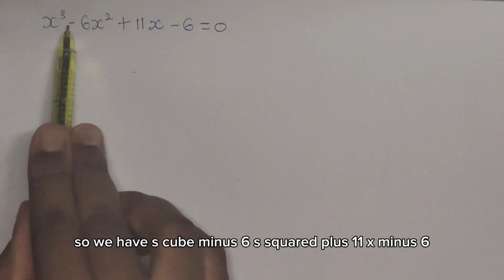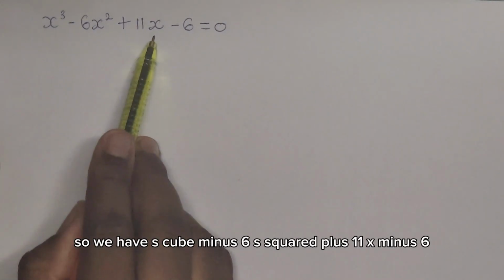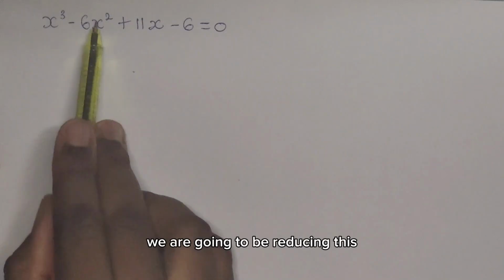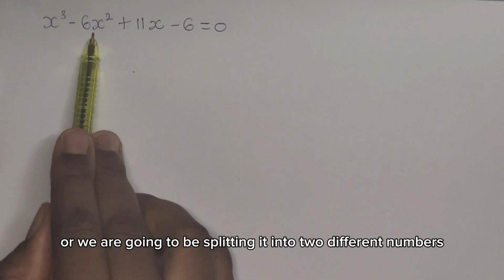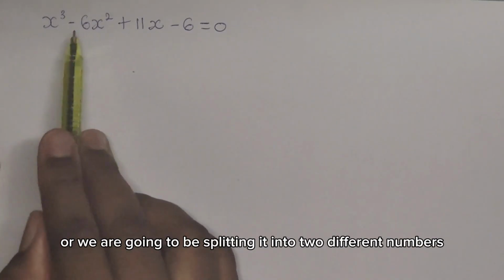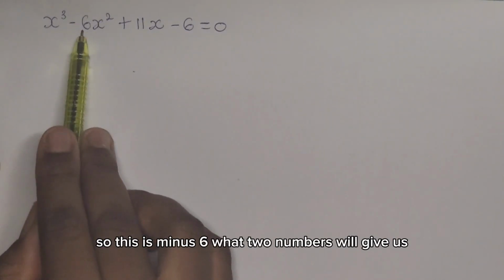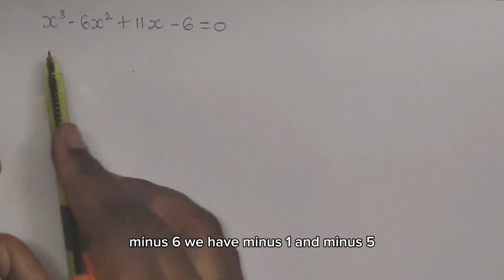So we have x cubed minus 6x squared plus 11x minus 6. We are going to be splitting this into 2 different numbers. So this is minus 6. What 2 numbers will give us minus 6? We have minus 1 and minus 5.